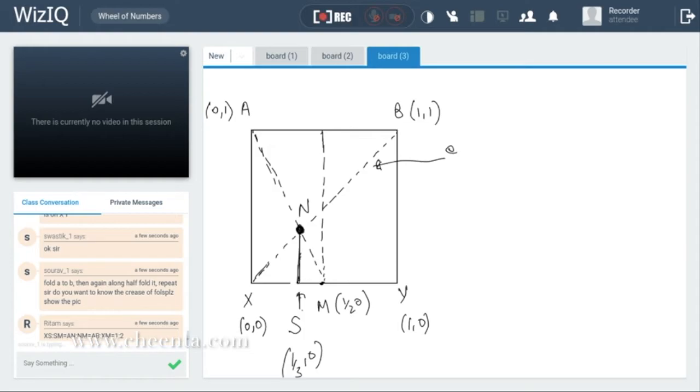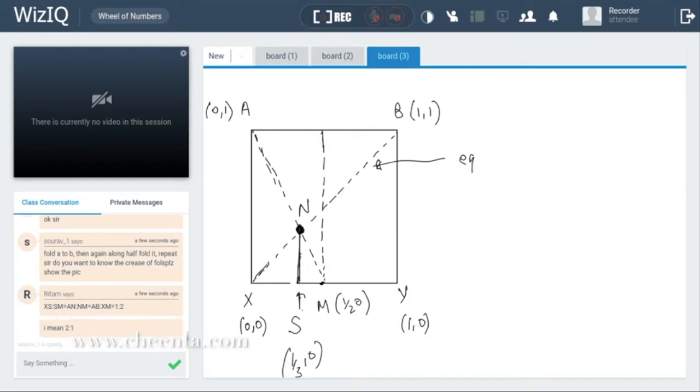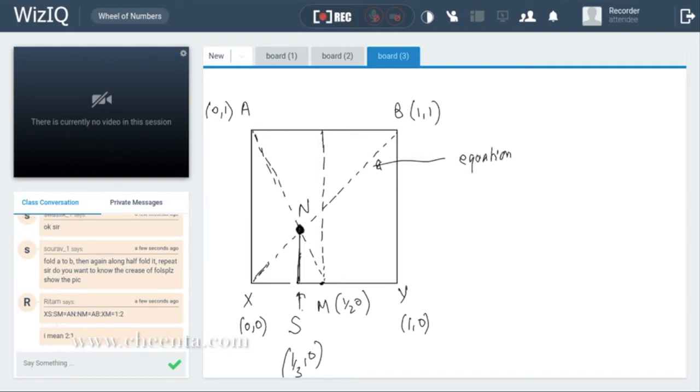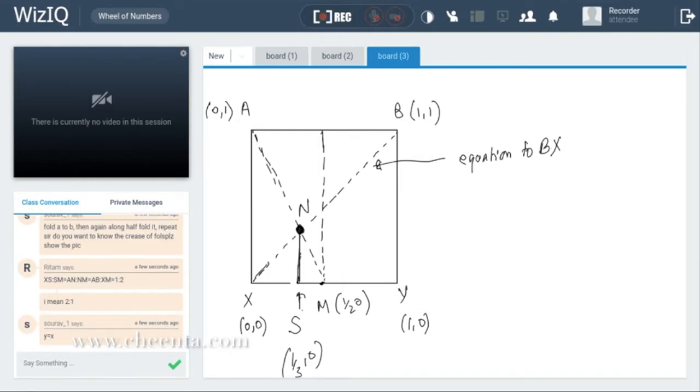Okay, I think Vedam has a good solution. Equation of BX is definitely y equals x, right? And what is the equation of the line AM?